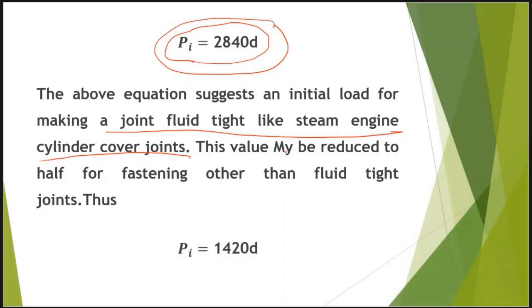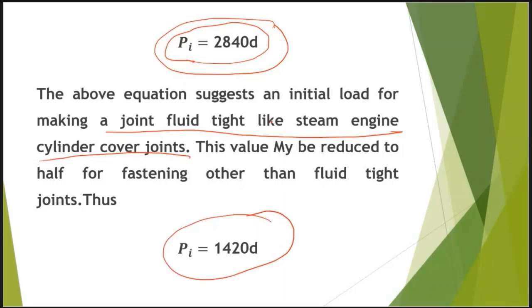In other cases, other than fluid tight joints, we don't want to make the joint fluid tight. We just have to join two parts together. In those cases, we will take the initial tightening load as half of this value. Instead of 2840, we will use Pi is equal to 1420D.